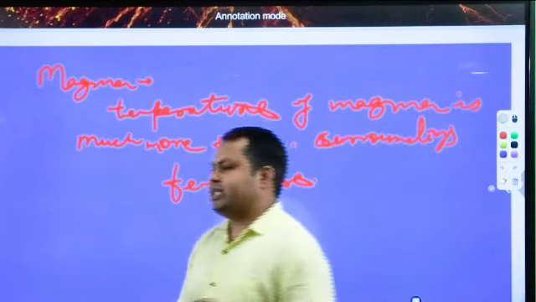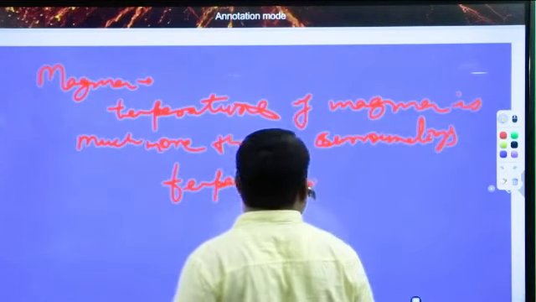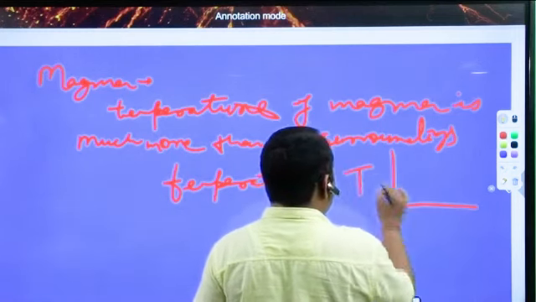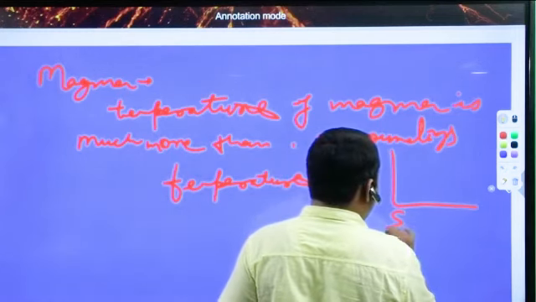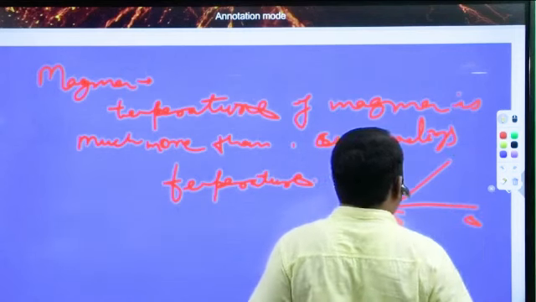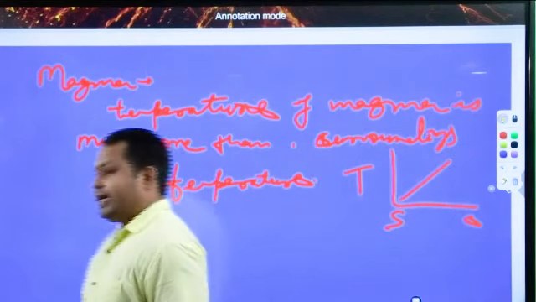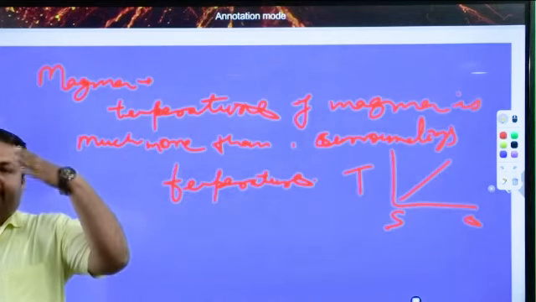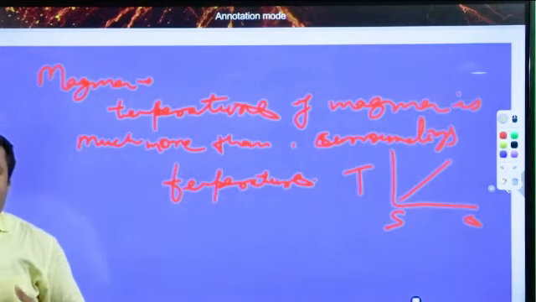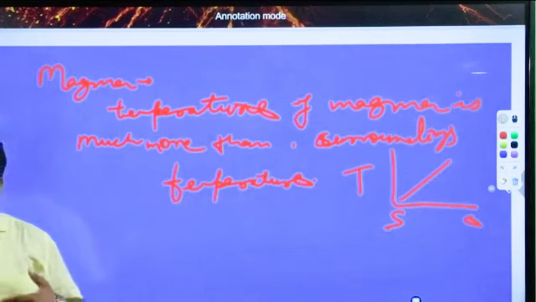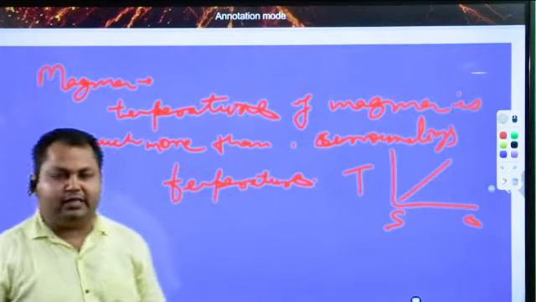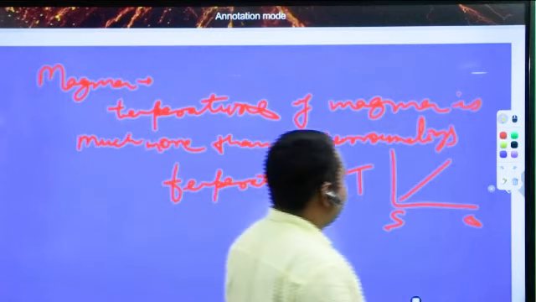In such circumstances, we can say temperature is high inside the earth. From surface towards center, temperature is going to increase. That's why there is eruption of the hot molten material, the releasing of hot molten material from the earth's interior.